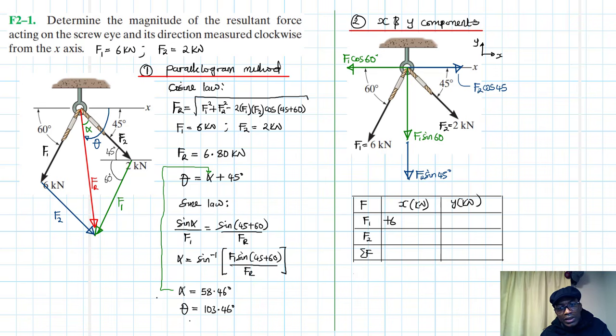Mind the direction, it is negative 6 cos 60 degrees, and the Y component is also negative 6 sine 60. Then F2 is positive 2 cos 45. Then the other one is negative 2 sine 45.